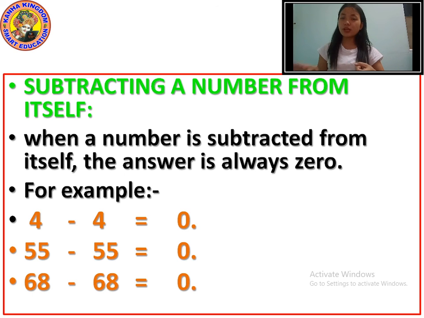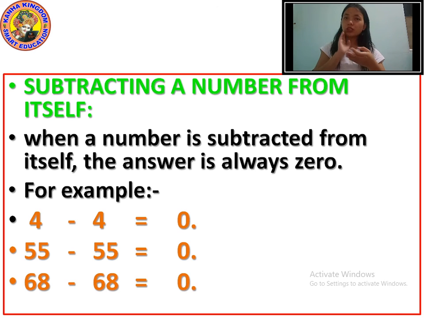When 1 is subtracted from a number, the answer is the number just before. Okay student, for example, when you subtract 1 from 3, you will get 2, because we all know that 2 is the number that comes just before 3, right student?